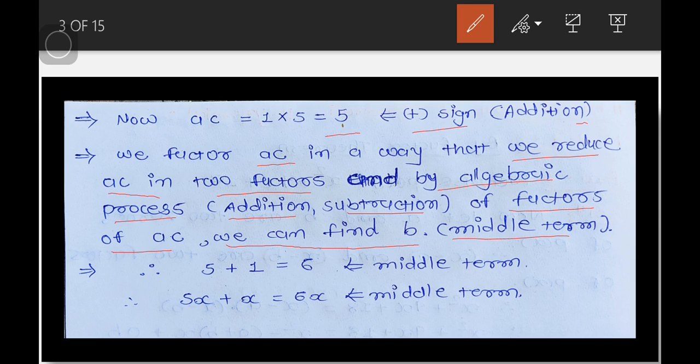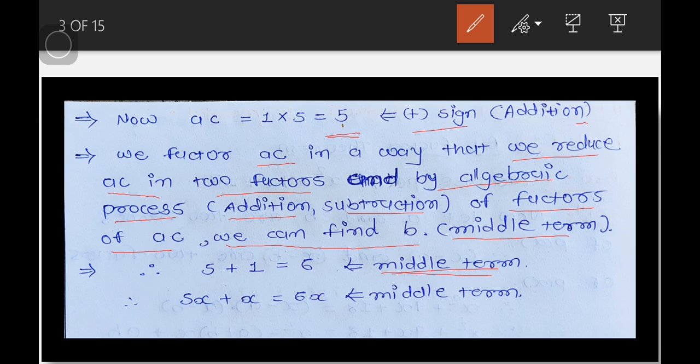So we multiply the coefficient of x square and the coefficient c, that is the constant term, and we have found 5. Now we factorize 5 in such a way that we can find the middle term by addition or subtraction of those factors.